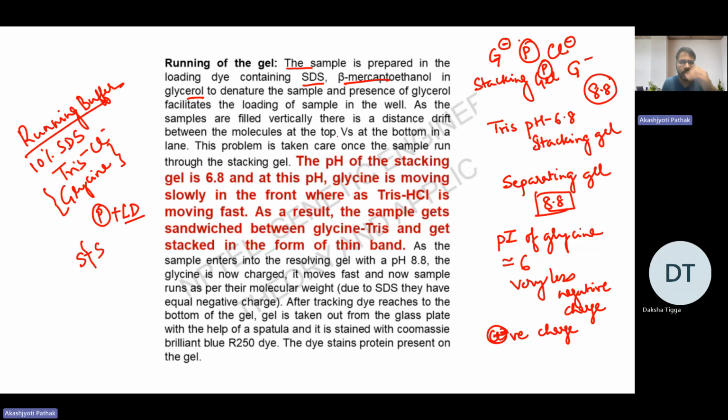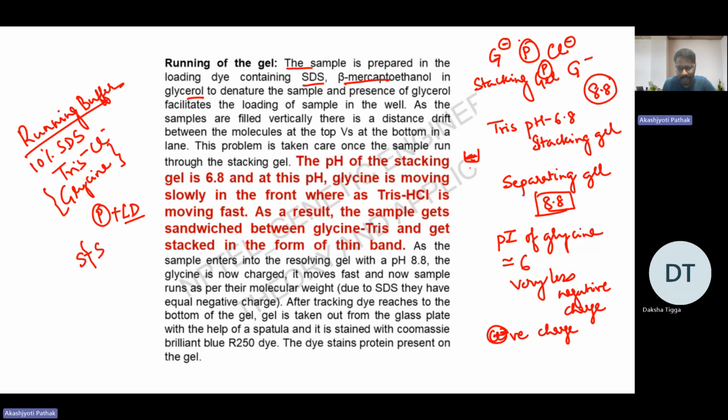Now, as the samples are filled vertically, there is a distance drift between the molecules at the top versus at the bottom in the plane. The problem is taken care of once the sample runs through the stacking gel. When you are loading it on the gel, some molecules will be present on the upper surface, some on the lower surface.